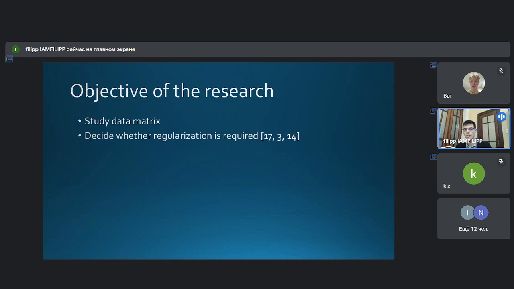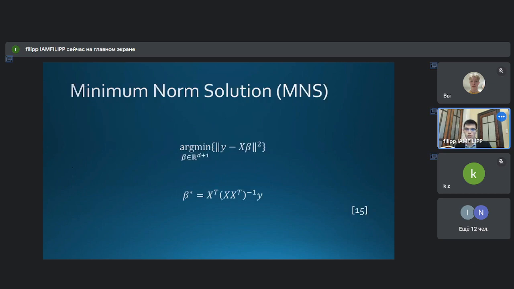At first, we studied the data matrix X and its properties. Now, we can analyze the data matrix and decide whether we really need regularization. Our first method of doing so is the minimum norm solution.